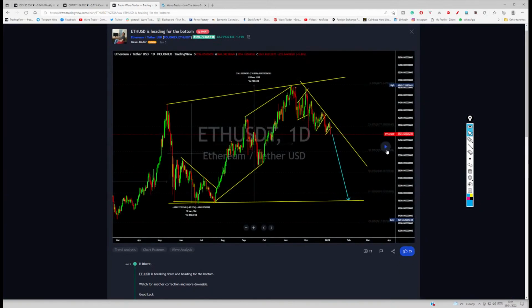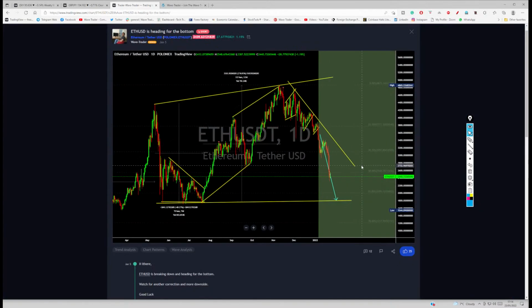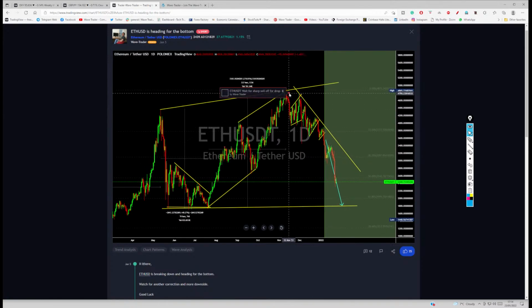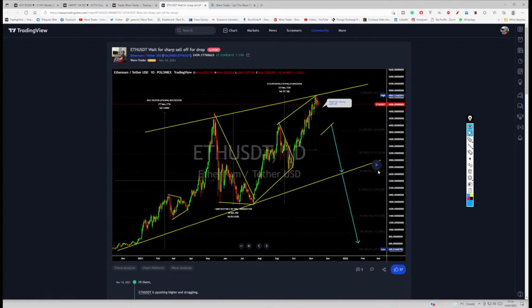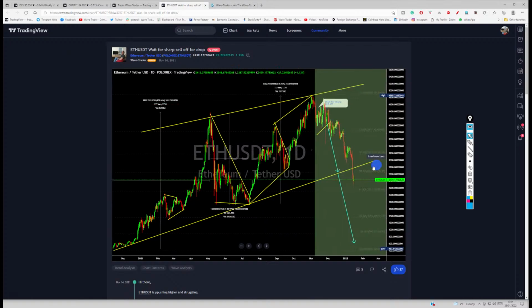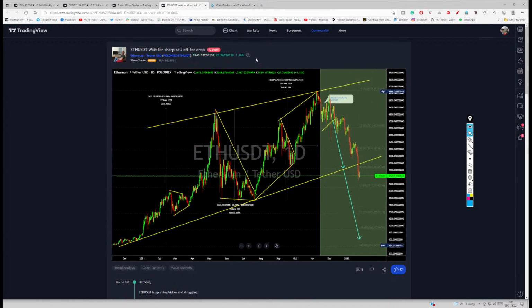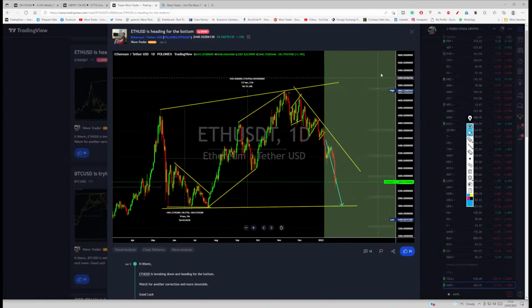So Ethereum, interesting. It's heading down. People went crazy when I posted that chart saying that Ethereum is setting up for a drop. Wait for a sharp sell off. People went crazy in the comment section. So what's happening right now? They got surprised that Ethereum is falling aggressively to the downside.